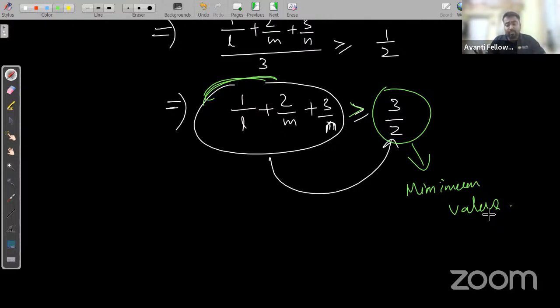In the next class, we'll discuss the very important topic of how we can insert n arithmetic means in between two numbers, how we can insert n geometric means in between two numbers, and how we can insert n harmonic means in between two numbers.